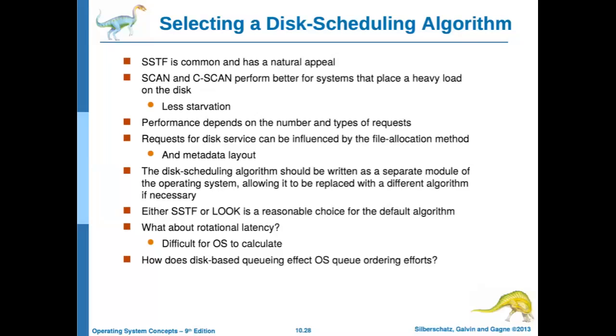Anyways, performance depends on the number and types of requests there. SSTF or look is a reasonable choice for the default algorithm. Rotational latency is not typically considered because it is really difficult for the operating system to calculate it.